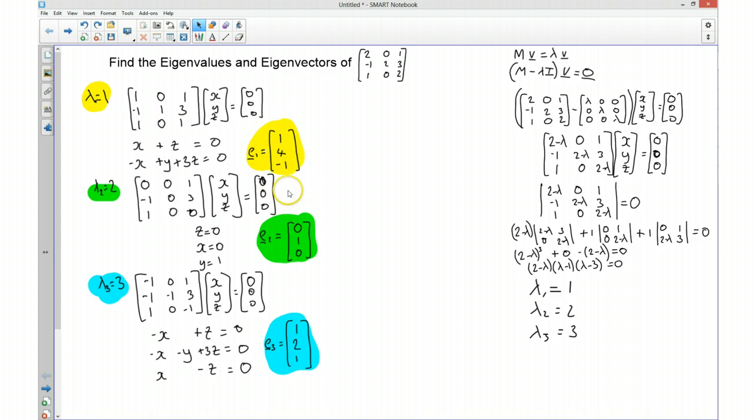So anything along this line here, when it gets transformed, is going to map back onto itself. Anything along this line here is going to be stretched by a factor of 2 further along in that direction, and anything along this line here is going to be stretched by a factor of 3 in that direction.